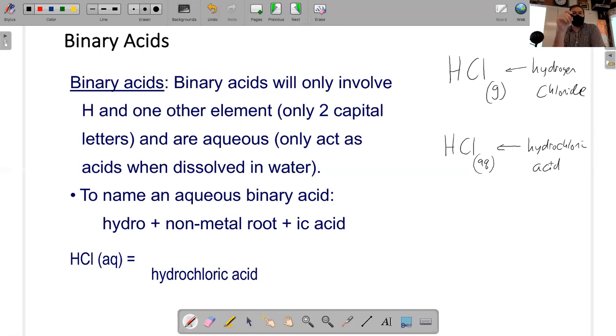It's not really CO2 AQ, because the carbon dioxide actually reacts with the water to make this acid called carbonic acid, which has a different formula than carbon dioxide does. But that's a little different exception.